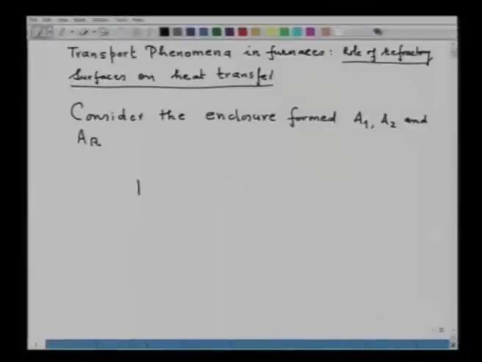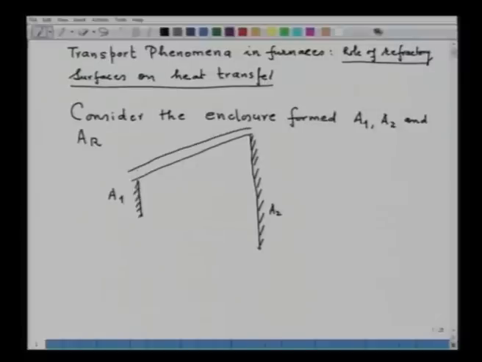So, something like this I can represent: say this is the source, let us say its area is A1, this is the sink, say whose area is A2, and this is now bounded by a refractory wall, whose area is AR.